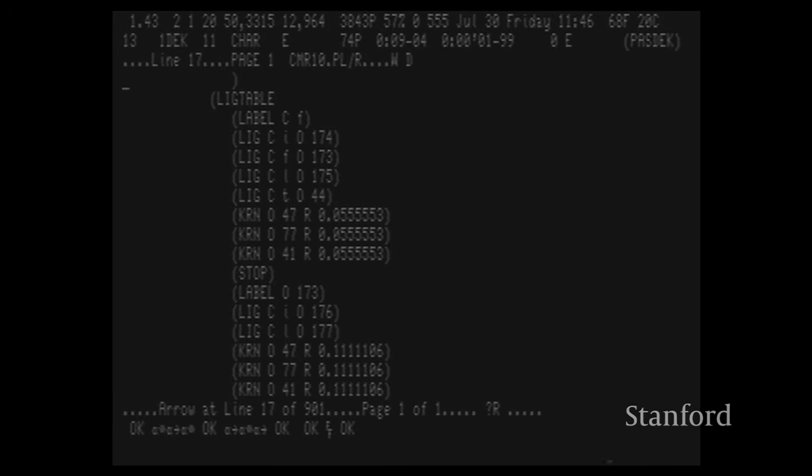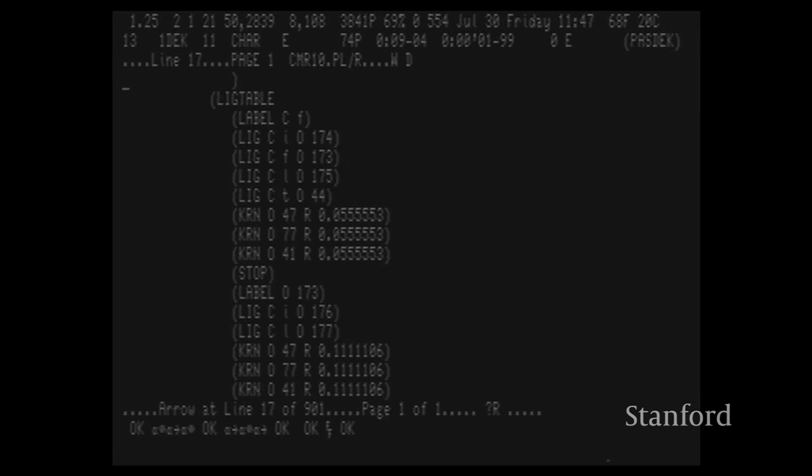Okay, so the first instruction says if this little f is followed by an I, then replace it by octal 174. Followed by an f is octal 173, and so on. If it's followed by a T, replace it by octal 44. This is the old version of CMR10 that has an FT ligature that's been such a disaster. I mean, aesthetically, it just didn't work, but we thought it would look better, and it looked worse. Then you kern.